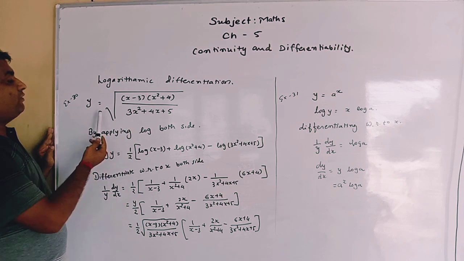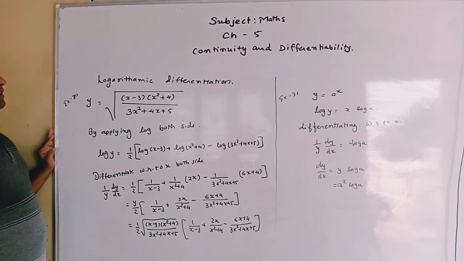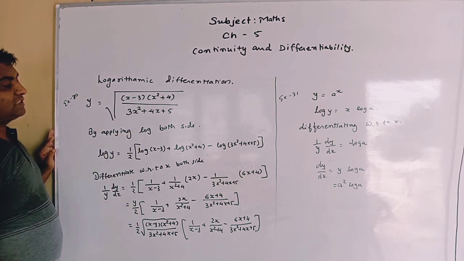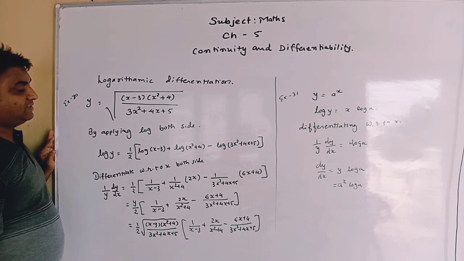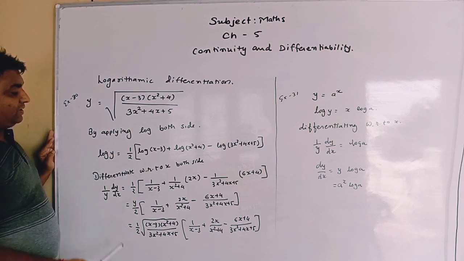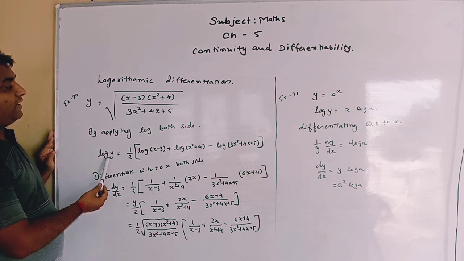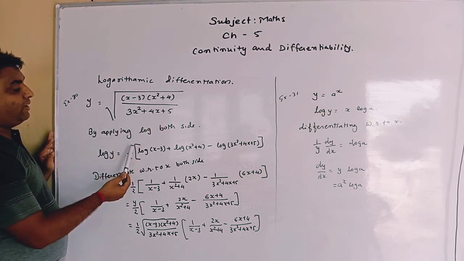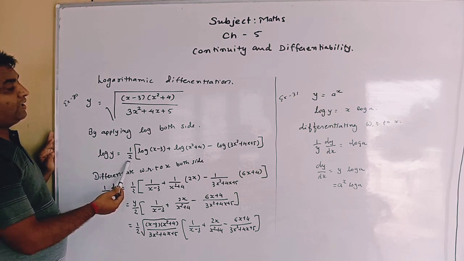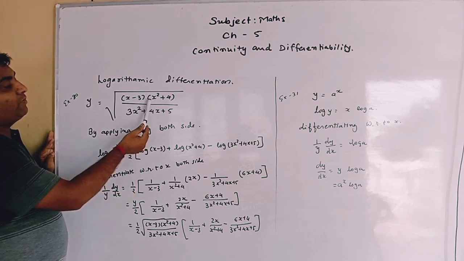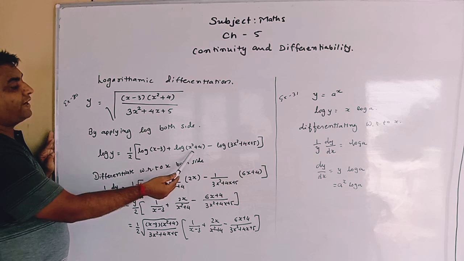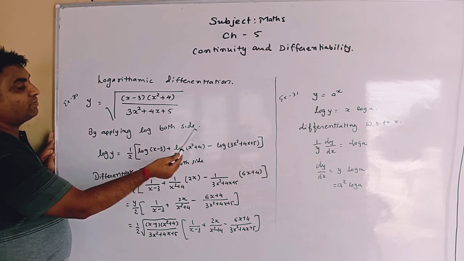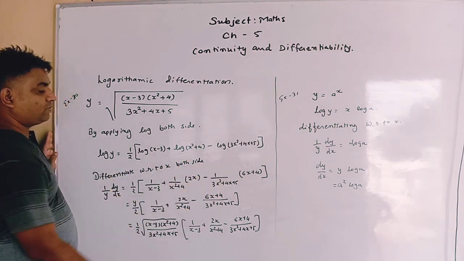But we know that when we apply log, multiplication will convert to addition and division will convert to subtraction, and it will become easy. So we apply log y. Here root is the 1 by 2 power, and the power will be written in front. So 1 by 2 log (x minus 3). Now multiplication is there, so plus log (x square plus 4), and division is there, so minus log (3x square plus 4x plus 5).